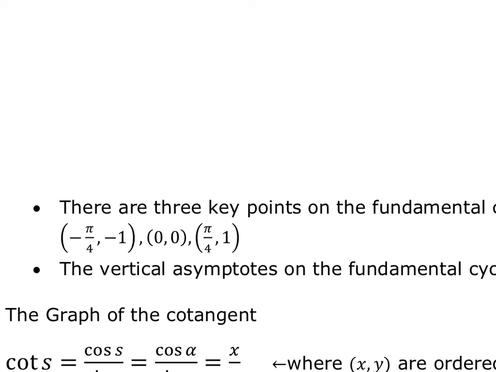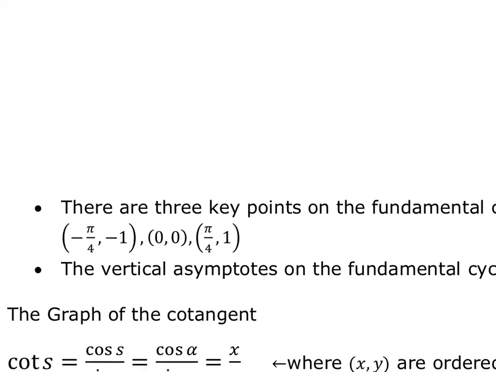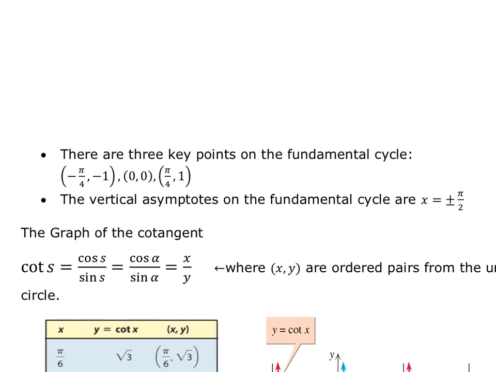My total length of my period is pi. So I go from negative pi halves to positive pi halves because that length is pi, but I don't start at 0 this time. I do not start at 0. The vertical asymptotes are at positive and negative pi over 2. And that's because that's where cosine is 0. They're multiples of pi over 2.